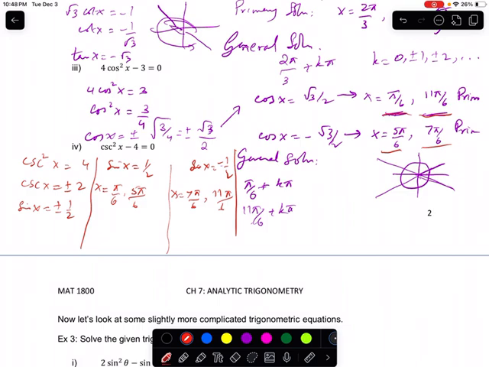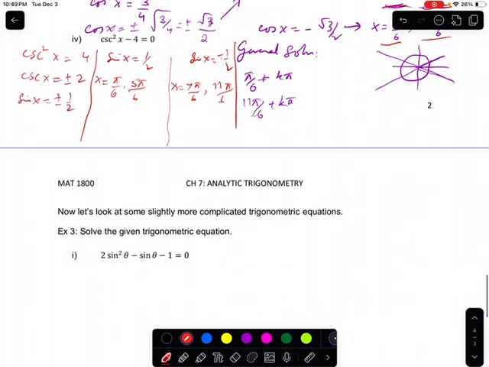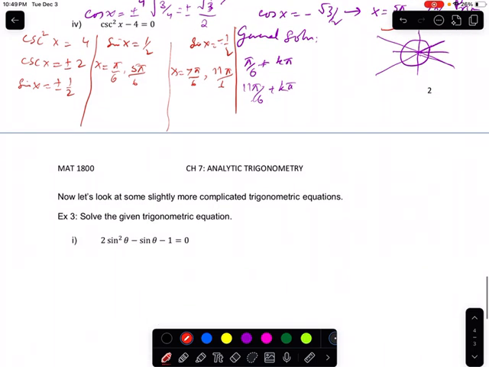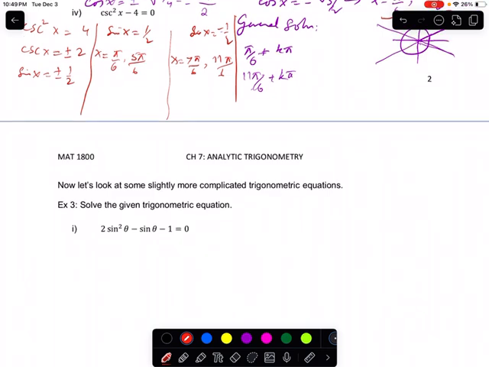Okay, so here are a little bit more complicated ones. Now remember these complicated ones are not out of this world. They involve little algebra that you have learned before. So if you notice here, this is an equation which we can say is of quadratic form. So if you can do the substitution, let u is equal to sine theta, then what happens?